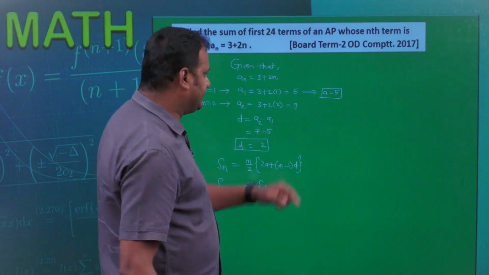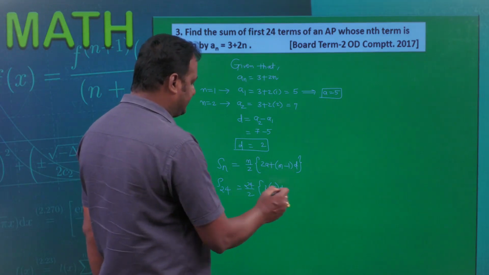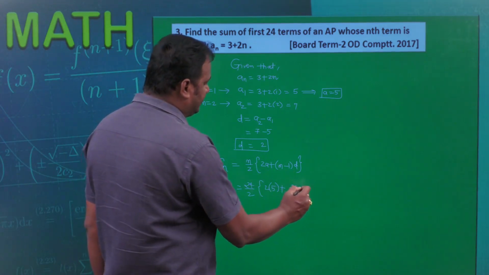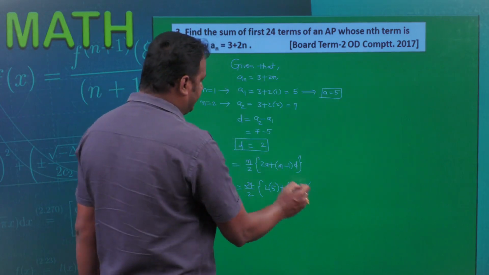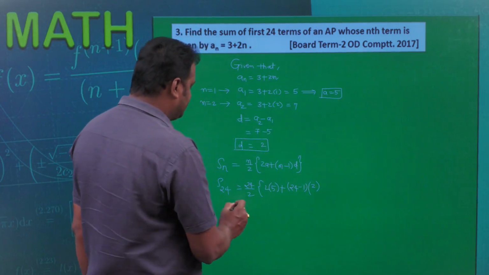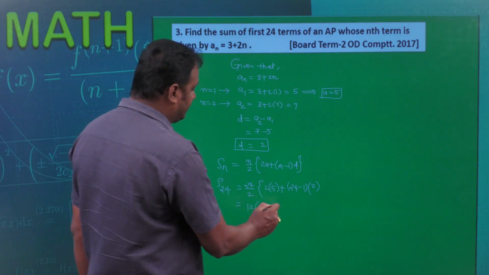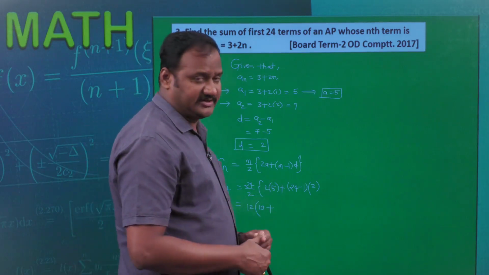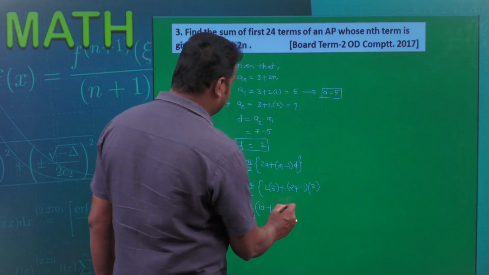What is the value of a I got here? a is equal to 5, n is equal to 24, so 24 minus 1 into d, where d is 2. Right? So 24 by 2 is equal to 12 times (2 fives are 10 plus 23 times 2, which is equal to 46).